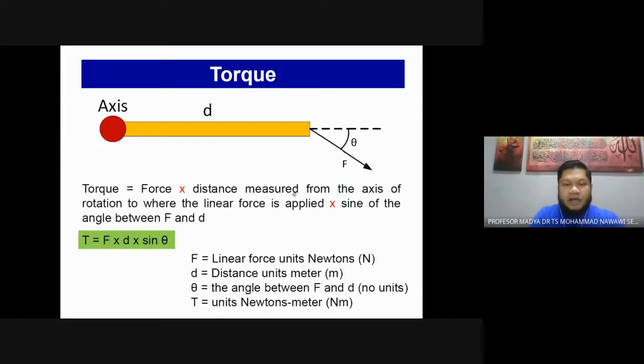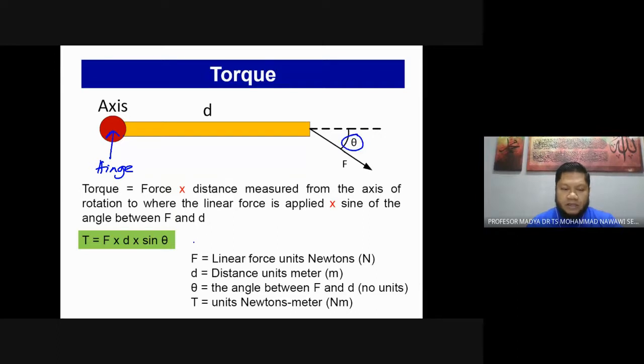So this is the definition or equation. You have this axis of rotation just now, the hinge. So this is your door, and you push in that direction. You push using the force, and when it rotates, there's an angle theta there.